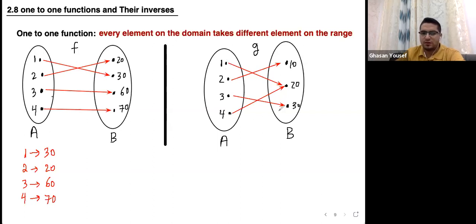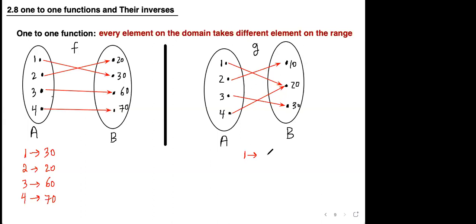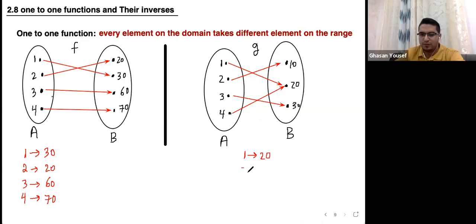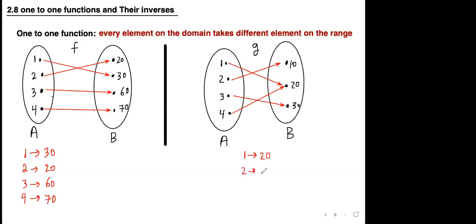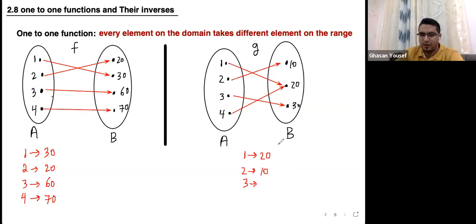For g, where does 1 go? 20, correct. The 2? 10, correct. The 3? 30. And the 4? 20.